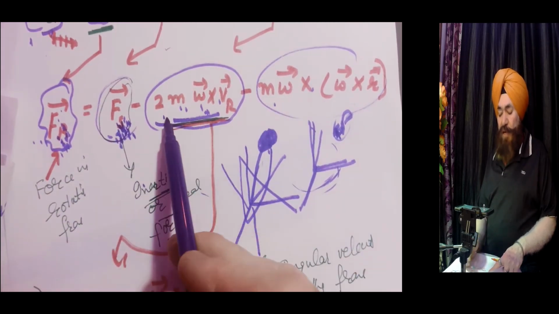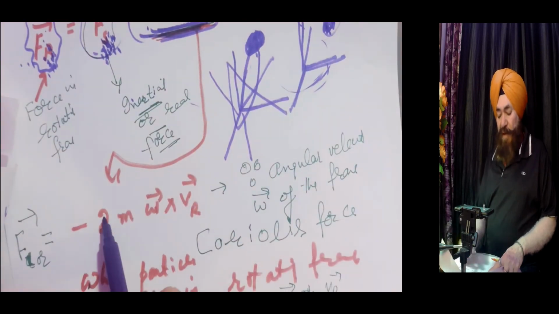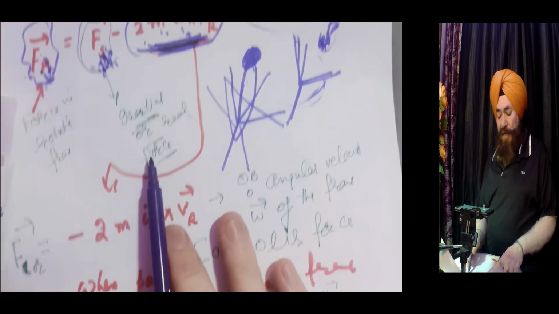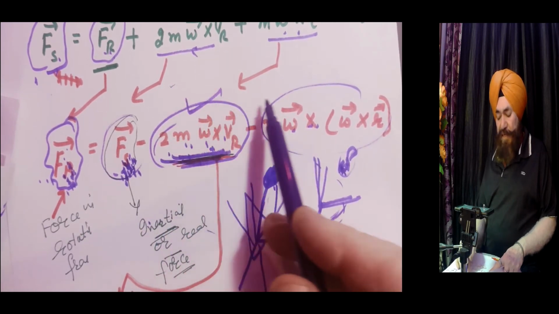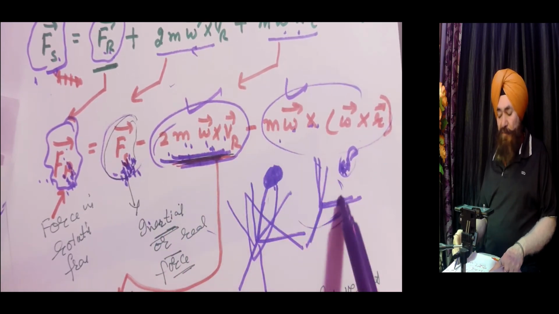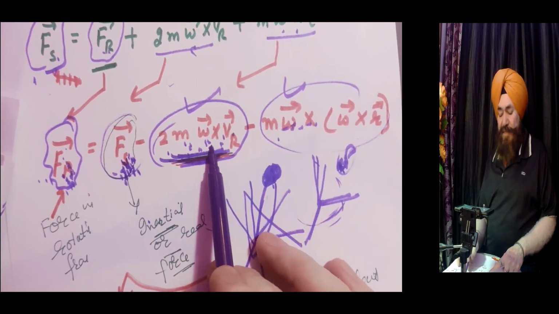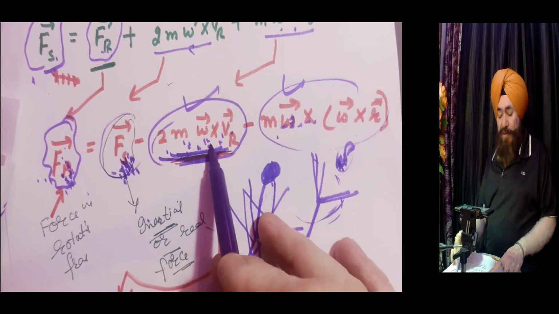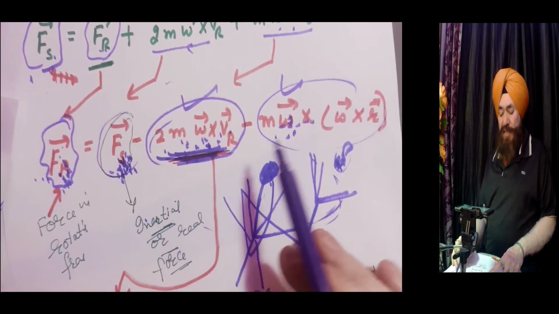Now we have to learn what this force is. This is minus 2m omega vector, because this is not the real force. It arises because the second frame is rotating. That's why these two forces arise. And because they are not real, these two forces are called fictitious forces.